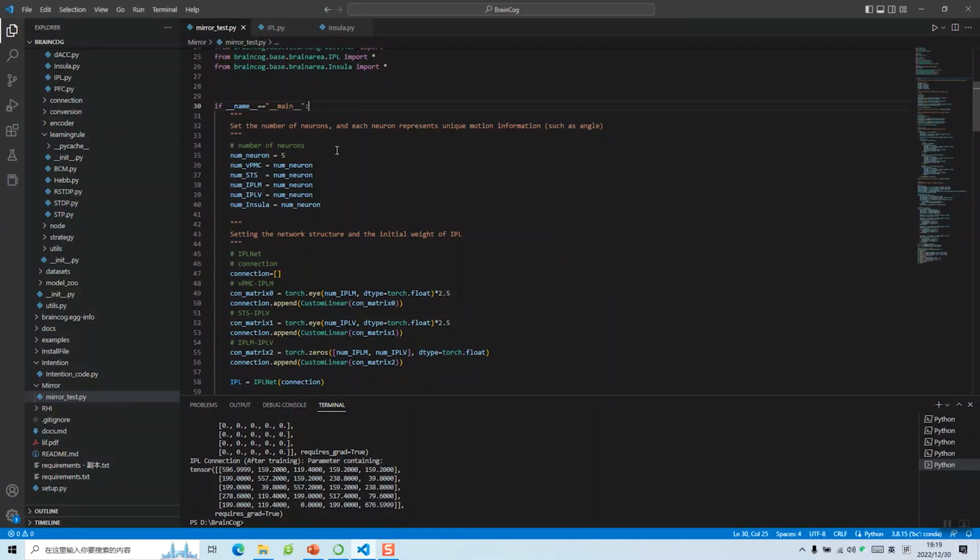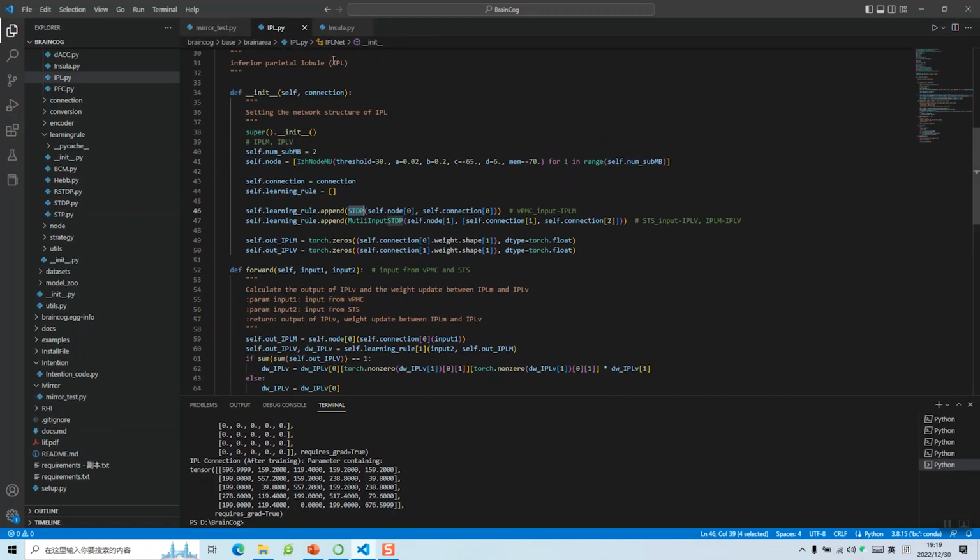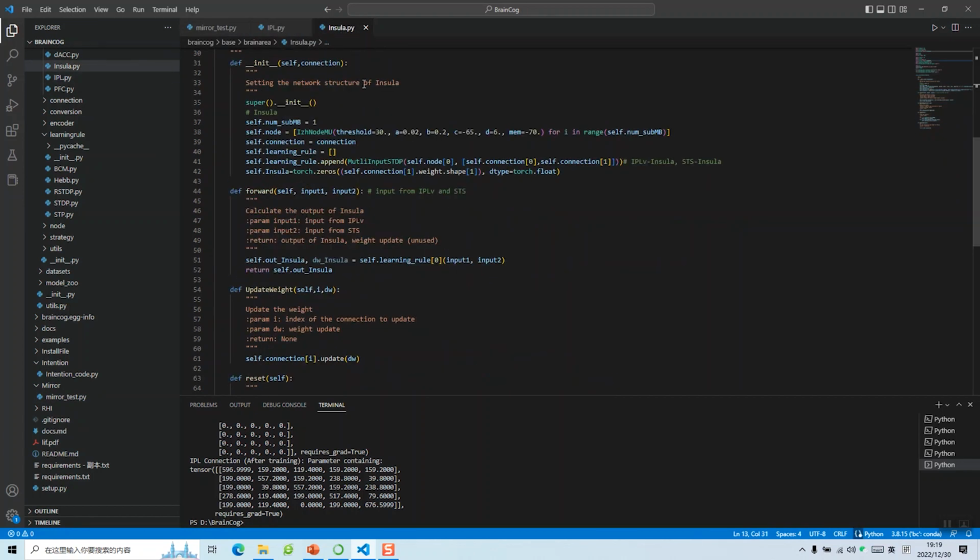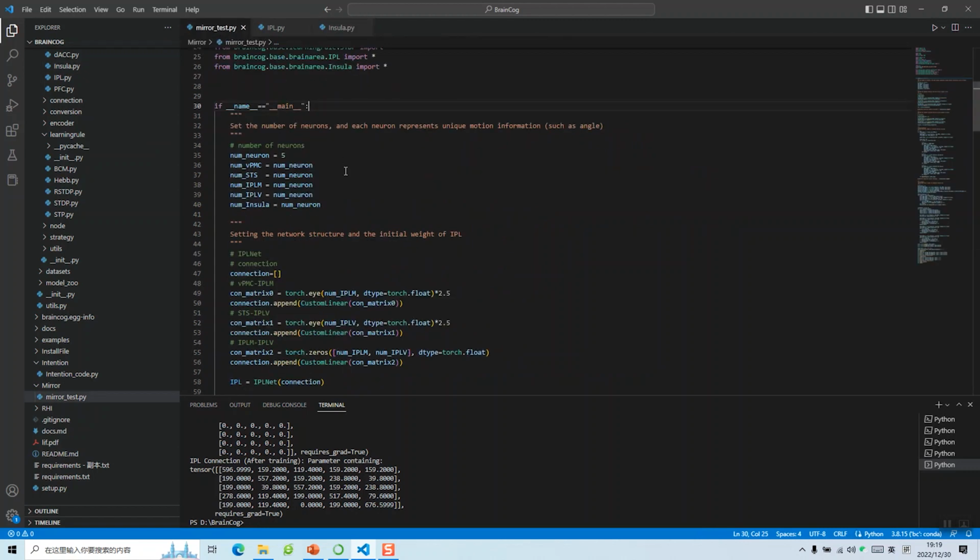The computational model is constructed by BrainCog, including IPL-SN for motor visual associative learning and the insula-SN for self-representation. First, set the number of neurons in each brain area.